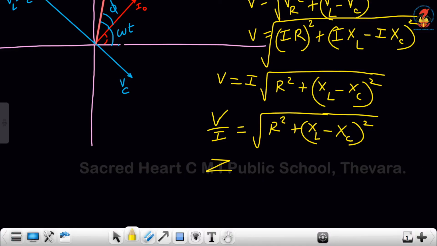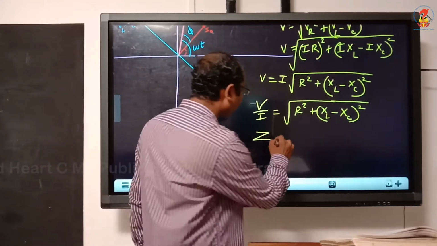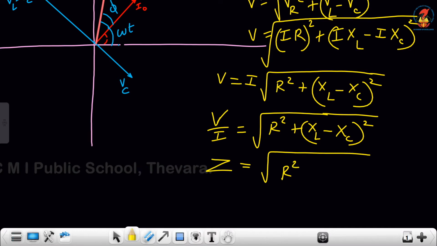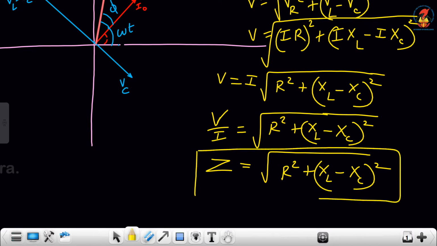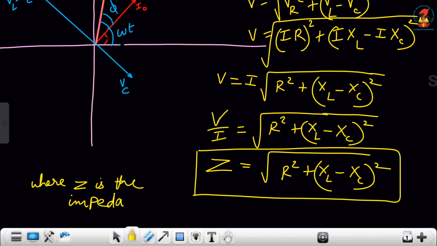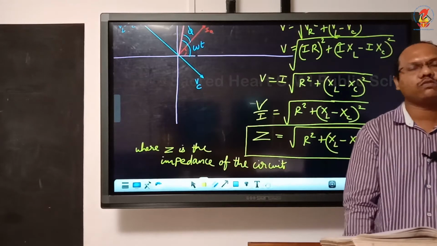I write Z. V by I is equal to Z, which is called impedance, equal to root of R square plus (XL minus XC) whole square, where Z is the impedance of the circuit.